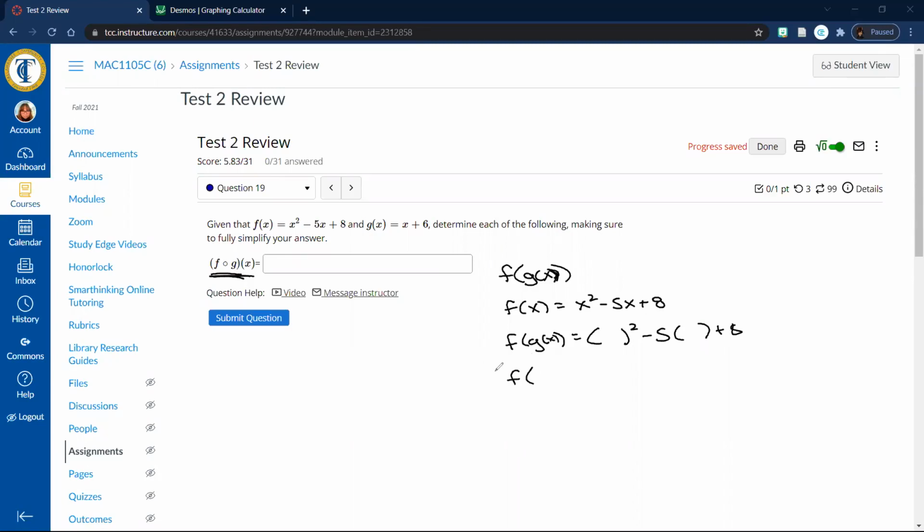Oh, we've got to plug in g of x. Yeah, so we've got to plug in x plus 6, right? So everywhere where we saw a parenthesis, we're going to put in x plus 6.